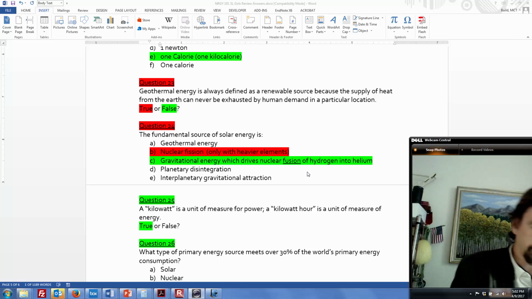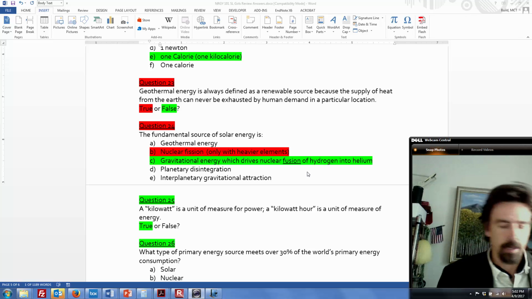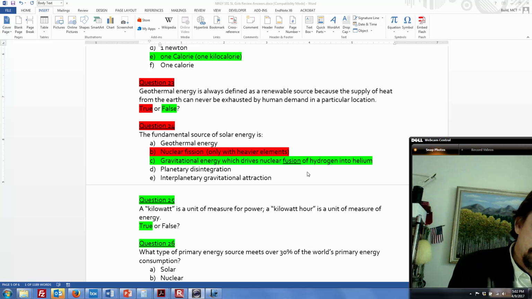Fission is uranium becomes other elements plus energy.